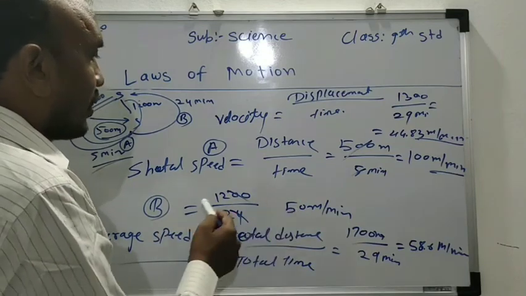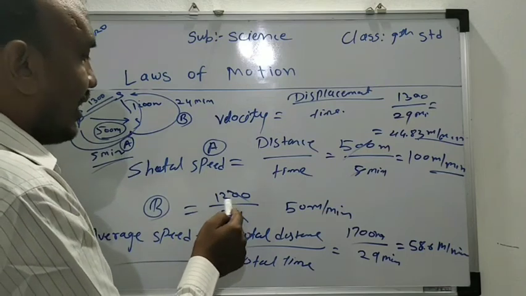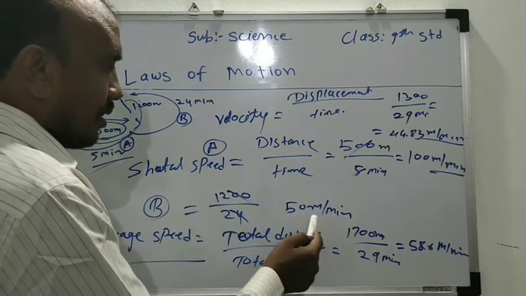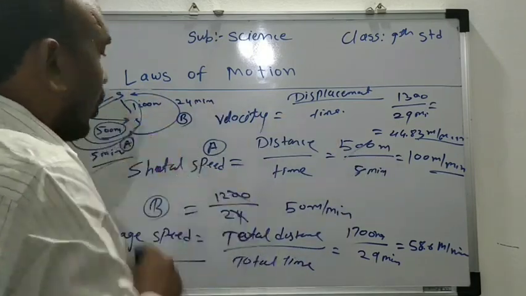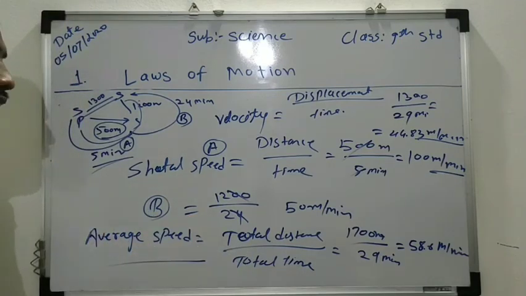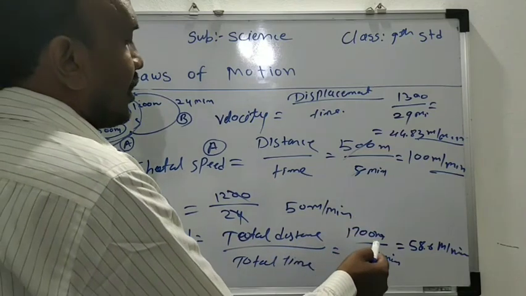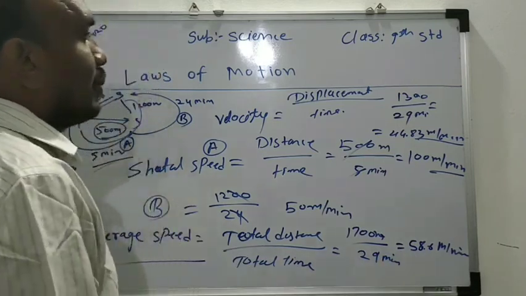After that, having walked the long distance, he may be lazy and walks at 50 meters per minute. Then the total average speed is calculated, just as you calculate for your bike. So average speed equals 1700 meters upon 29 minutes, equal to 58.6 meters per minute.